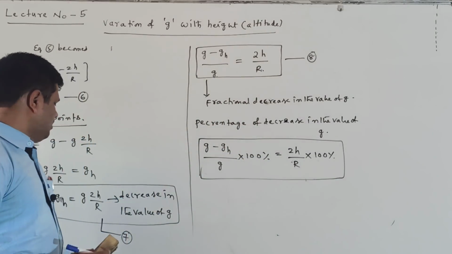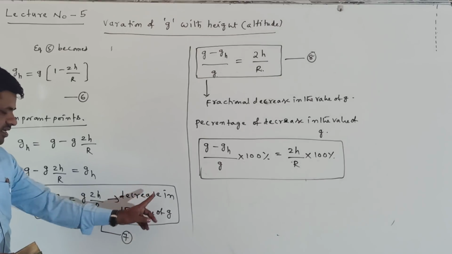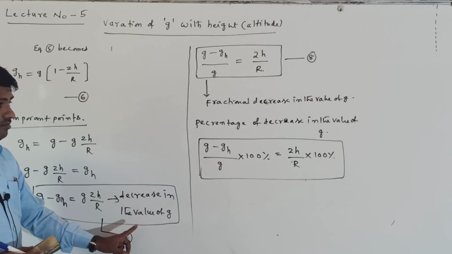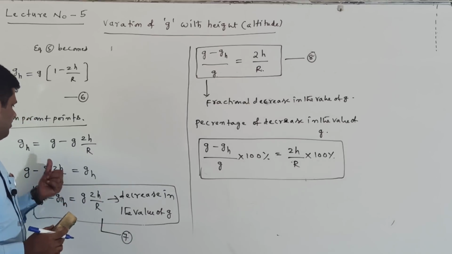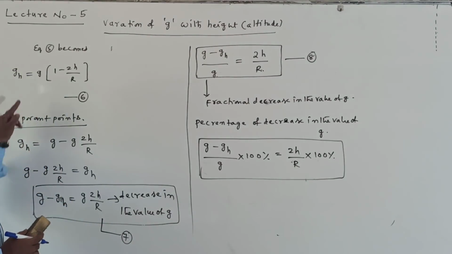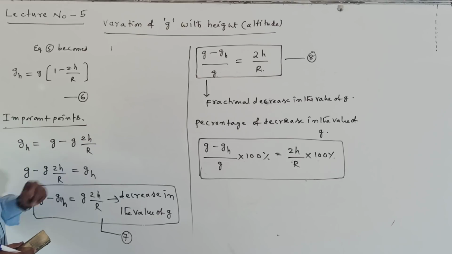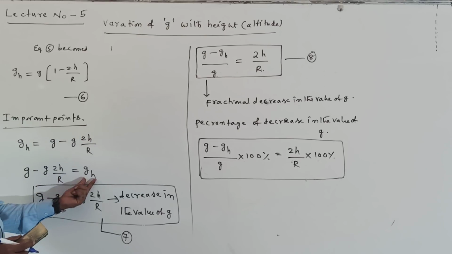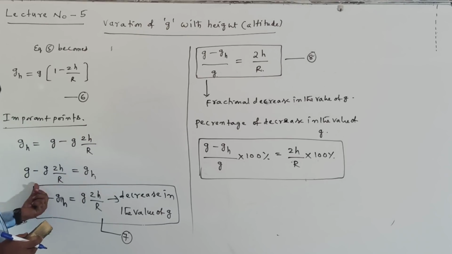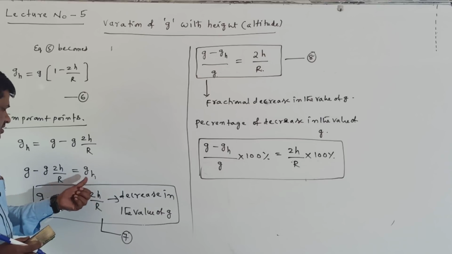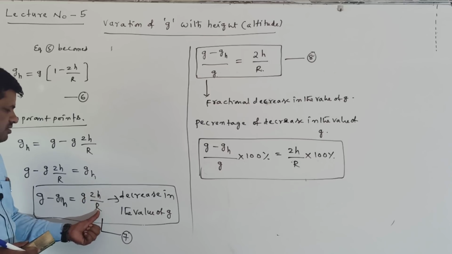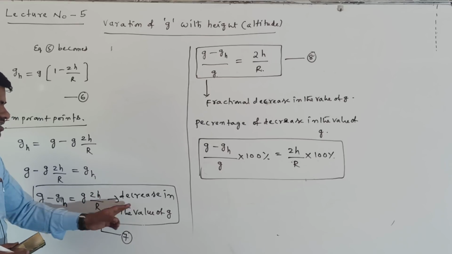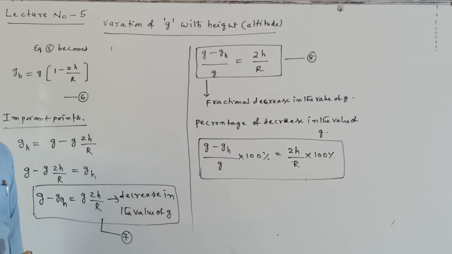Right, listen here, g minus g_h is called a decrease in the value of g. This is the formula for decrease in the value of g. When finding this from the formula, g_h is equal to g minus g into 2h by R. Now taking g_h to this side, the minus becomes plus: g minus g_h is equal to g into 2h by R. This g minus g_h is called a decrease in the value of g.